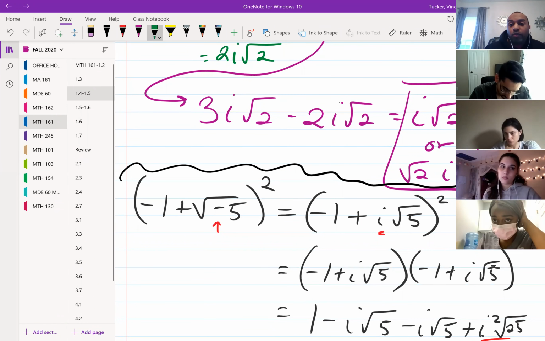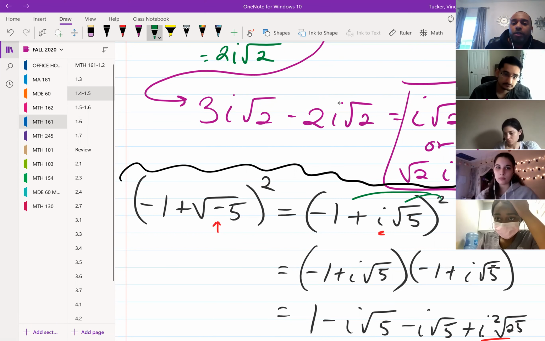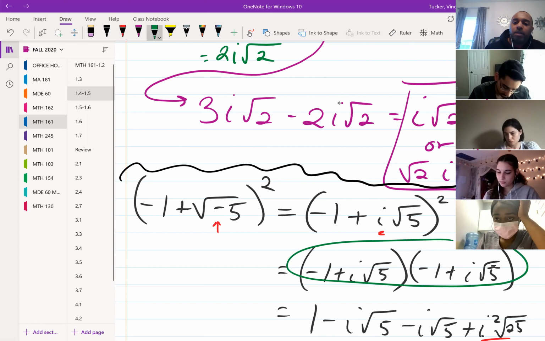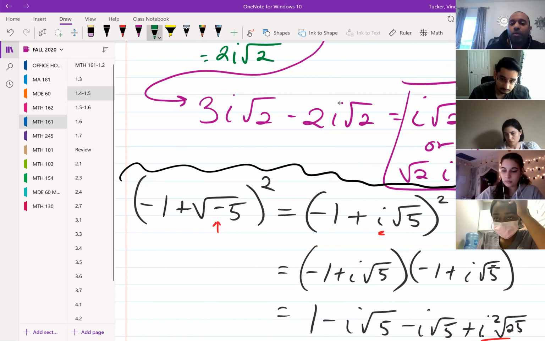Also, remember, whenever you're squaring a quantity, you cannot square each term individually. It has to be expanded in this way. So that's negative 1 plus i square root of 5 times negative 1 plus i square root of 5. You're squaring the whole quantity.